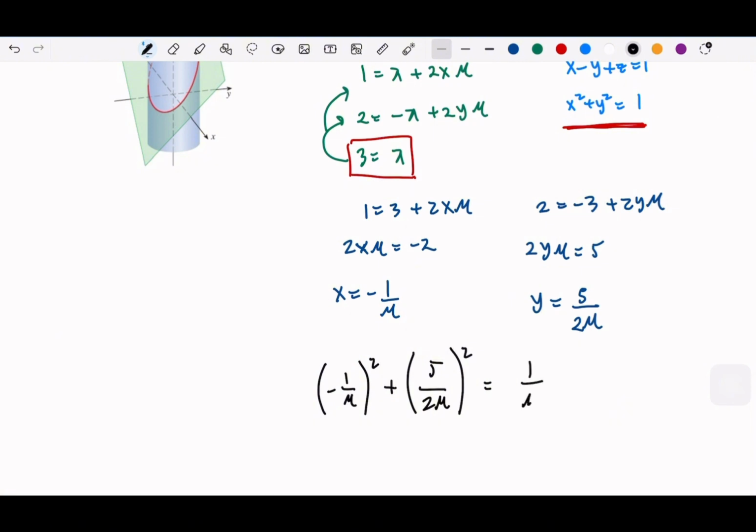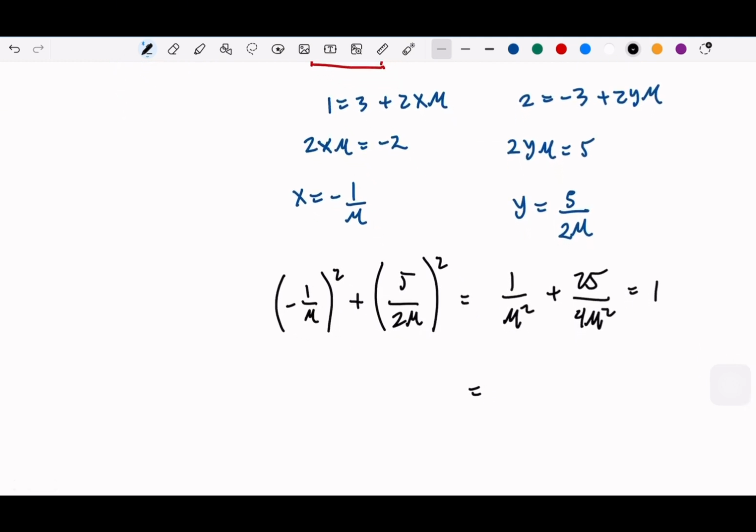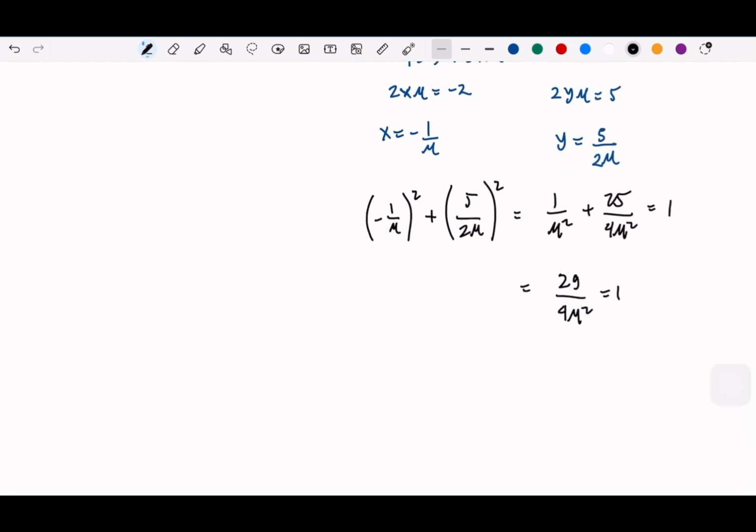So we have now 4 mu squared equal 1. So we can solve this and it becomes 29 over 4 mu squared. And mu will be plus or minus half square root of 29. So which means we have two values of mu.